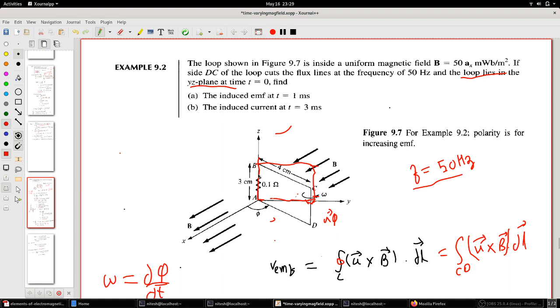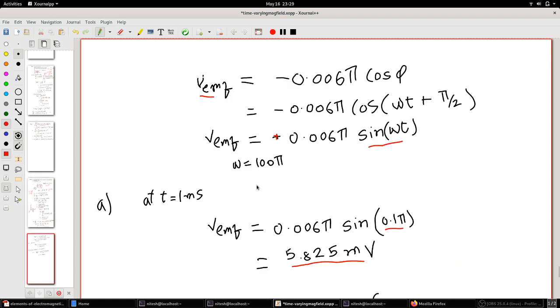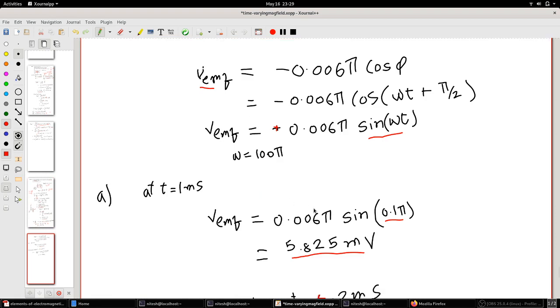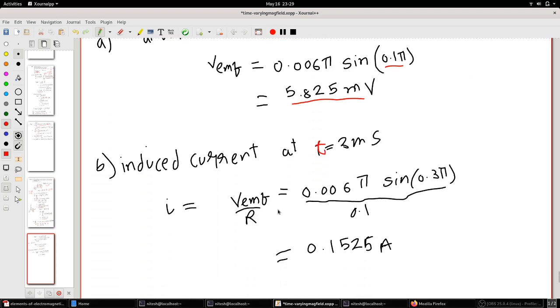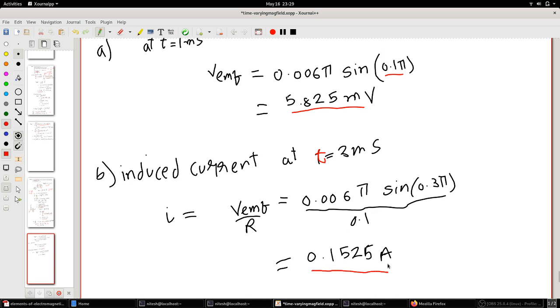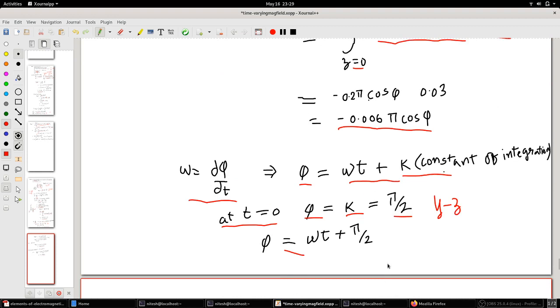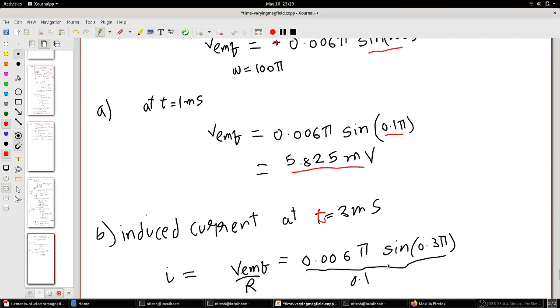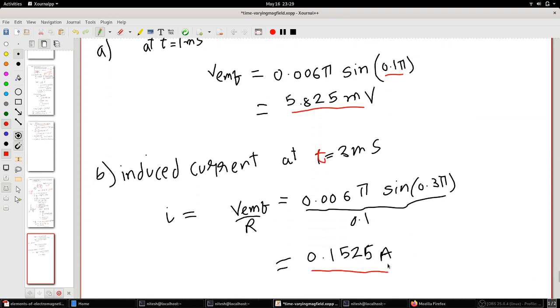VEMF divided by R will be the induced current. So VEMF divided by R is your induced current, which is 0.06 pi into sin of 0.3 pi at t equal to 3 milliseconds, divided by 0.1, which is 0.125 amperes. Just have a look at this.